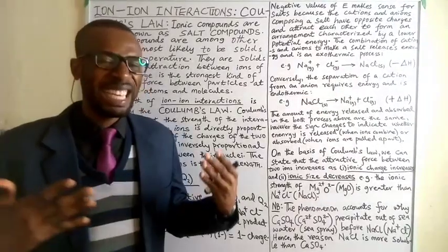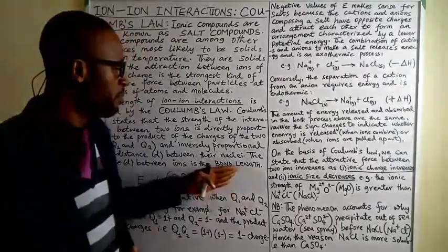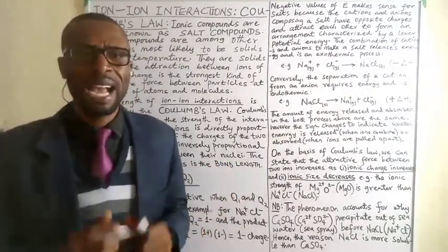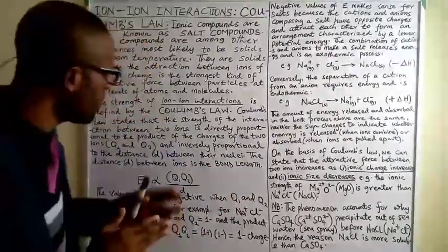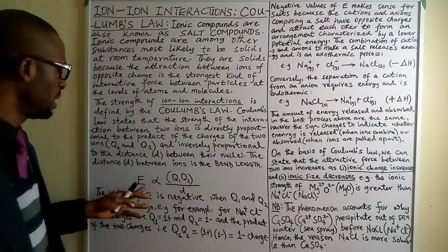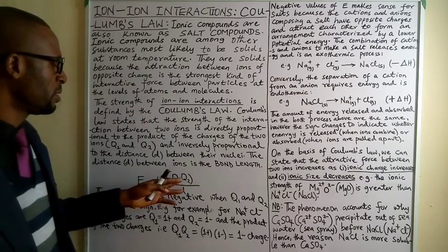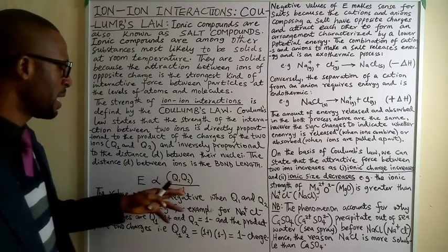That internuclear distance between ions is what we know as bond length. The expression that describes Coulomb's law is E directly proportional to Q1 Q2 divided by D.